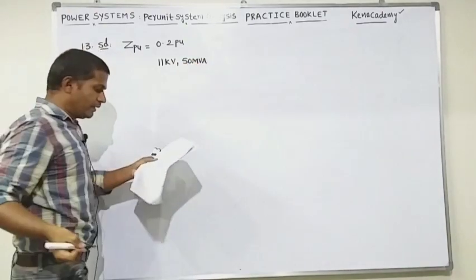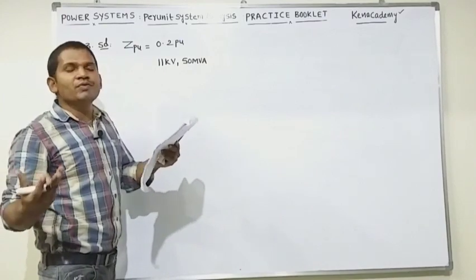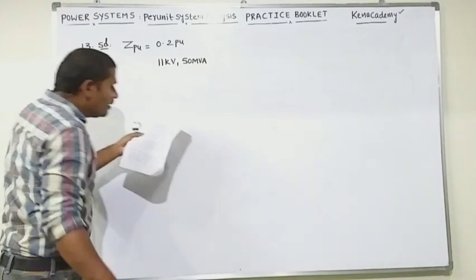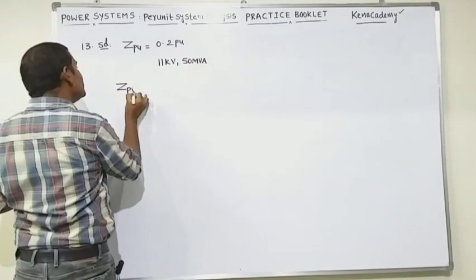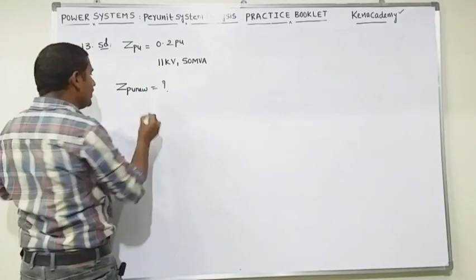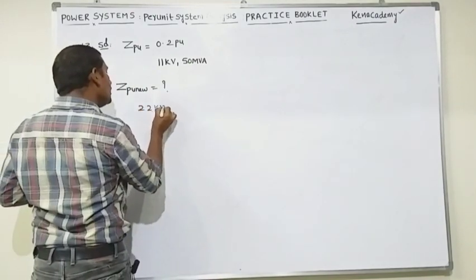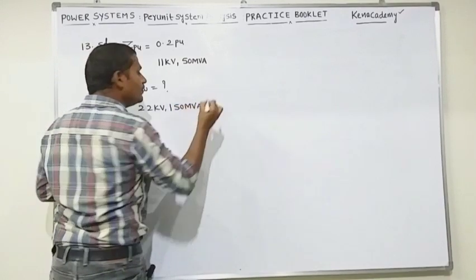The impedance value for a base value of 22 kV, 150 MVA, again the same formula. You want to find the Z per unit new on a base value of 22 kV, 150 MVA.